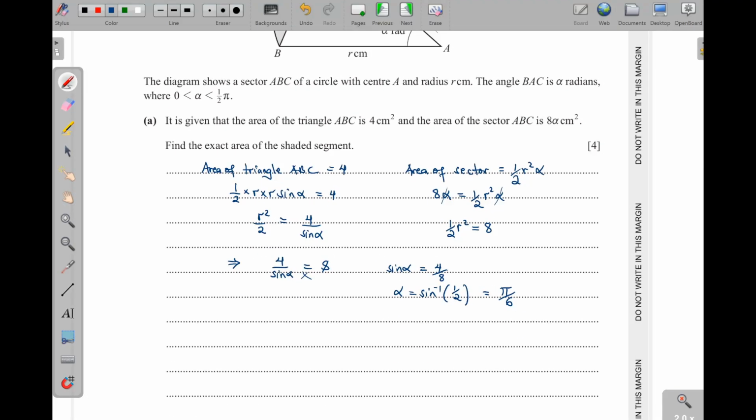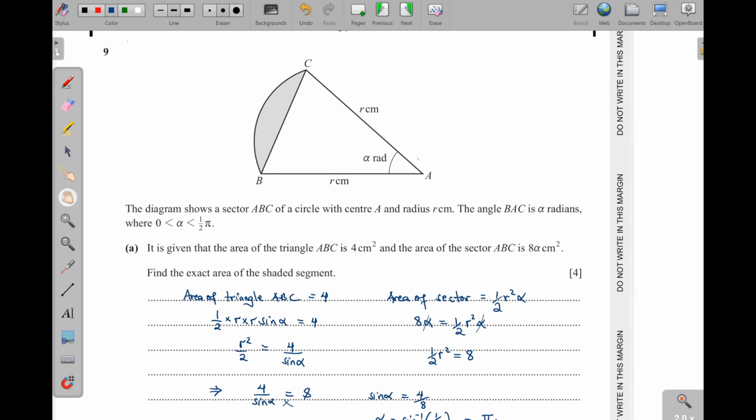Then from there, they want us to find the area of the shaded segment. So I will say shaded area then will be equal to, which one is bigger? The sector, and then the triangle is smaller. So area of the sector minus area of the triangle.